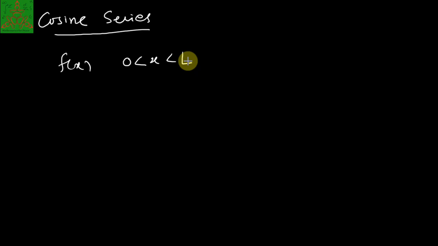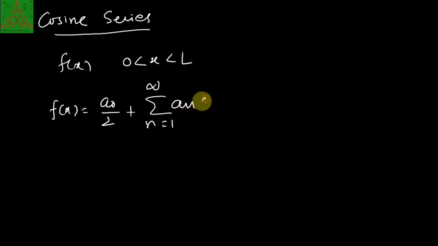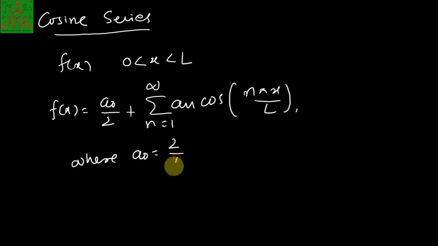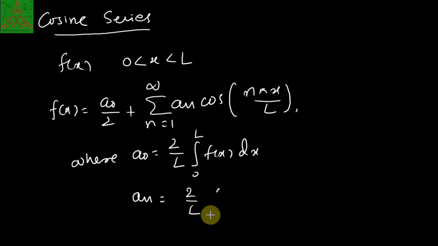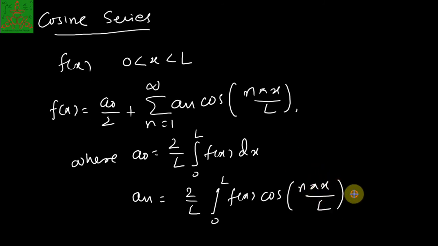So it is an even function in the interval minus L to L. The Fourier series of this we can express as a0 by 2 plus summation n running from 1 to infinity a n cos n pi x upon L, where a0 is 2 by L integral 0 to L f of x dx, and a n is 2 by L integral 0 to L f of x cos n pi x upon L dx.